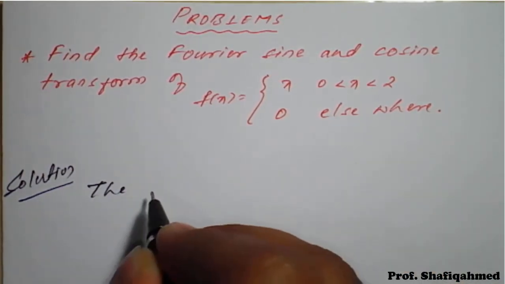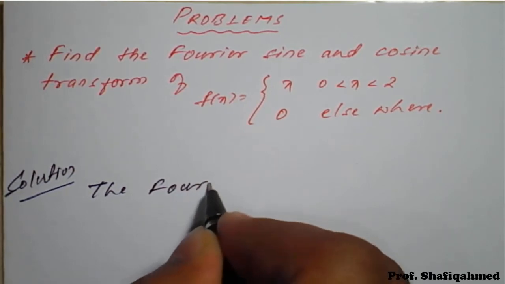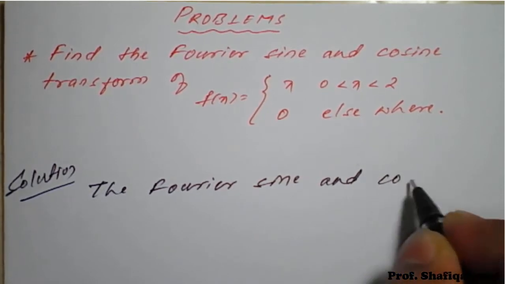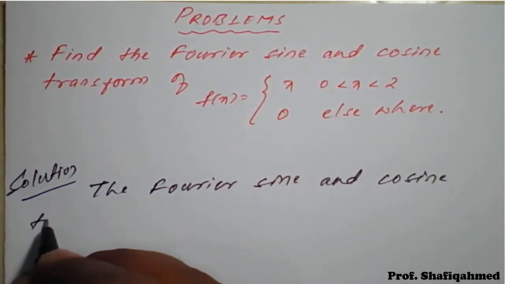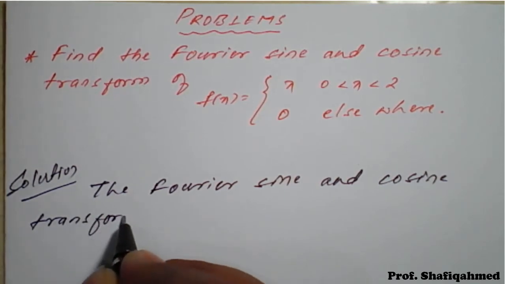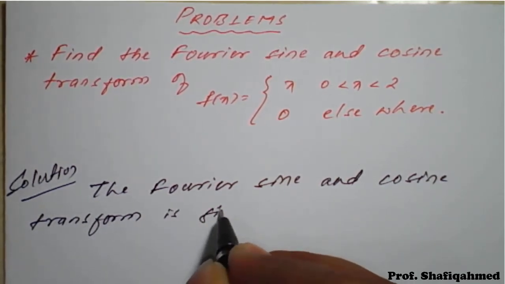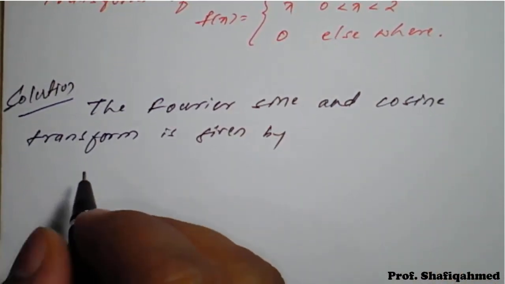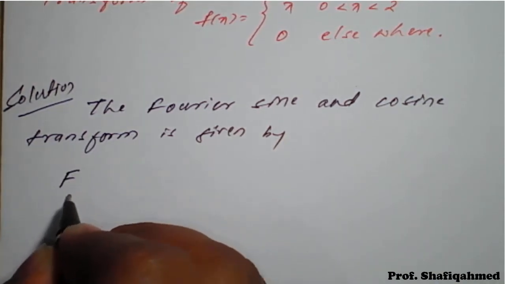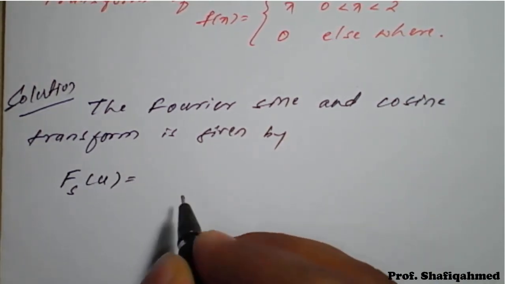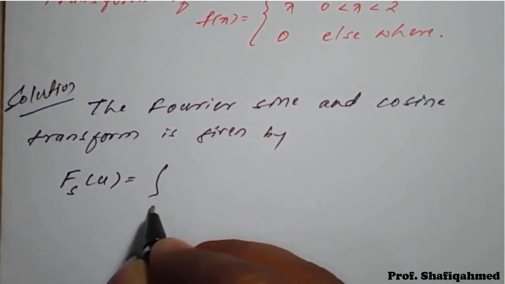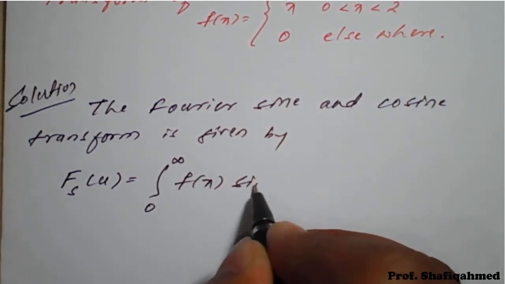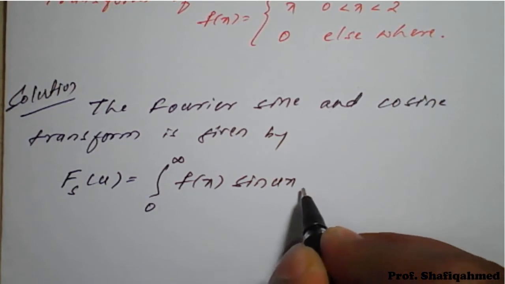The Fourier sine and cosine transform is given by, the sine transform is denoted fs of u is equal to the integration from 0 to infinity of f of x into sine of ux into dx.